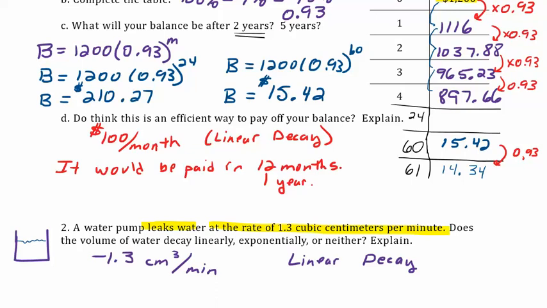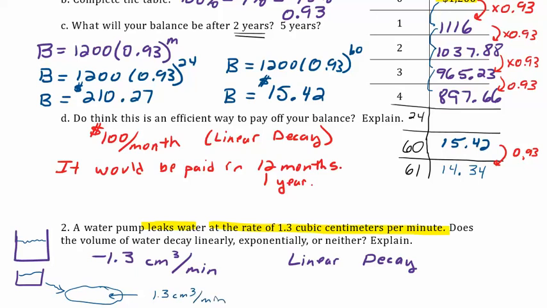If it was leaking out into another pond, or some catch-all that caught the leaking water, and we wanted to know how the volume was increasing, the water in there is actually increasing by 1.3 cubic centimeters per minute.